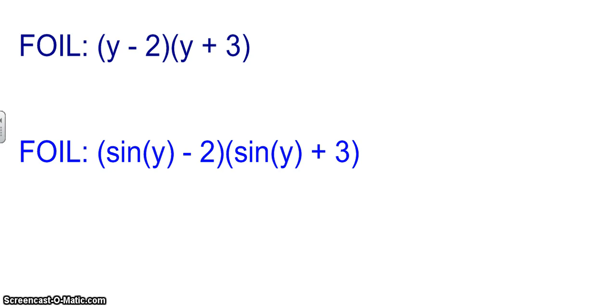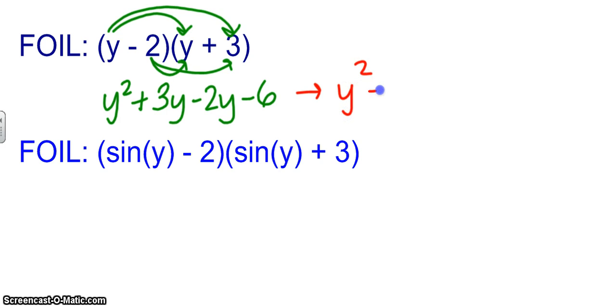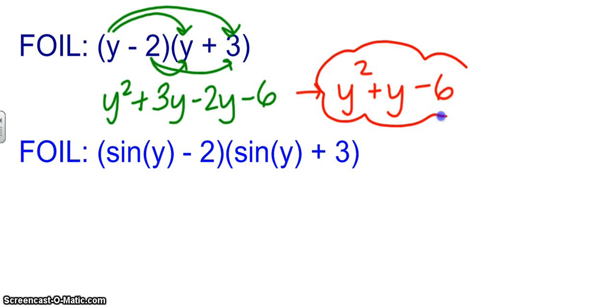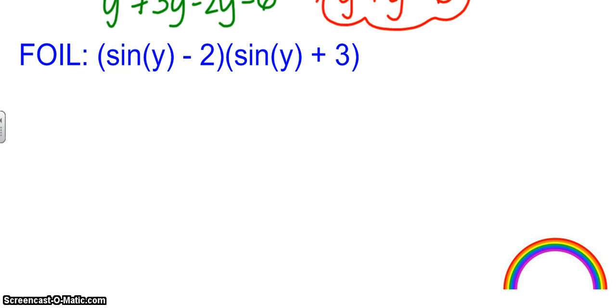Okay, this time we're going to FOIL. So we've got 2 factors and we want to multiply them together. So remember, first, outside, inside, and last. So that can condense down. We'll get y squared plus y minus 6. Making our connection now, we're going to count the sine of y to be just like our y in the previous one.